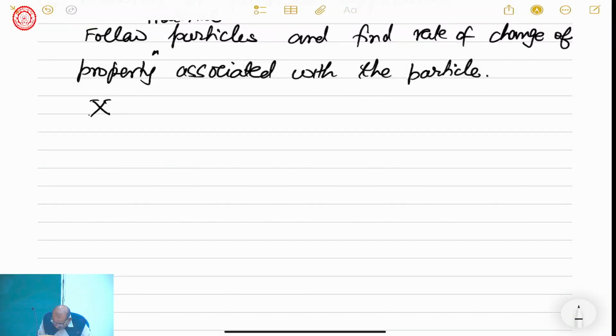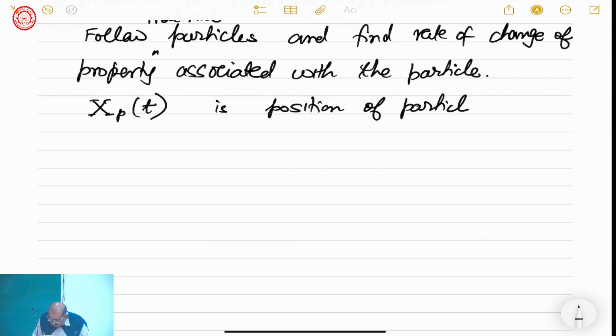Now, it may look like I'm making things complex. Let x_p of t be the position of the particle. I put p to tell you which particle it is.